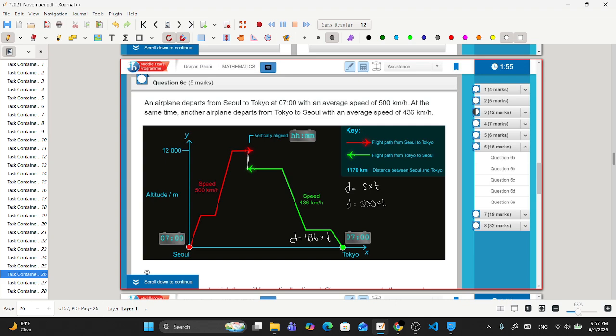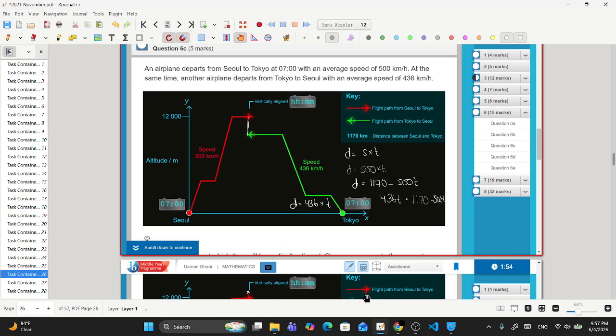So it must be said that the distance that has been traveled is equal to the total distance minus 500t, and we know that d equals 436t, right? So I can say that 436t equals 1170 minus 500t.